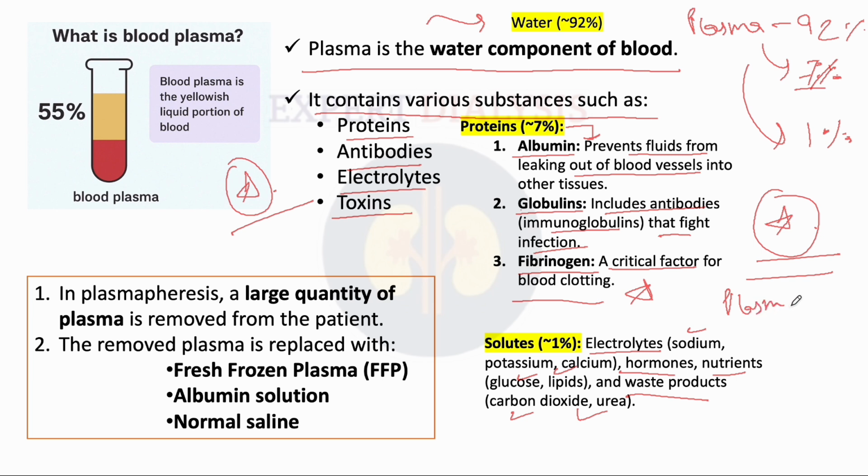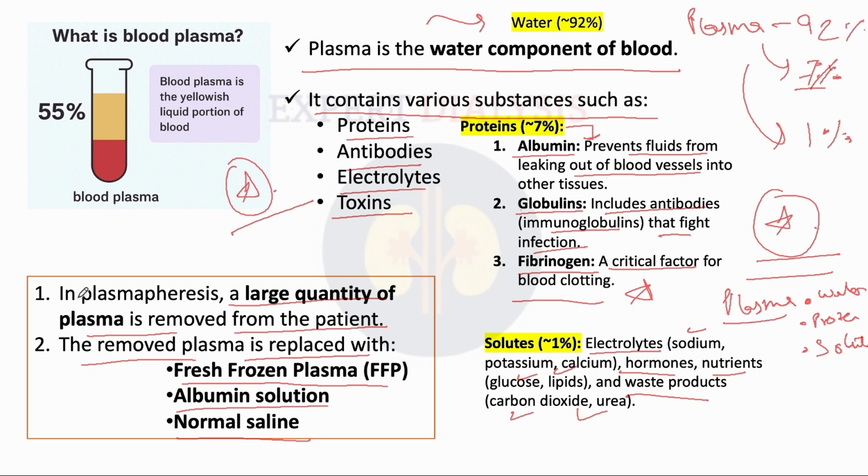So we can broadly say the plasma's major part is water, the second major is protein, then we have solutes or other constituents. Now in plasmapheresis, a large quantity of plasma is removed from the patient. The removed plasma is then replaced by FFP, albumin solution or normal saline.